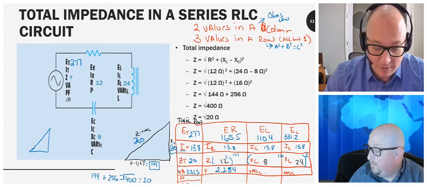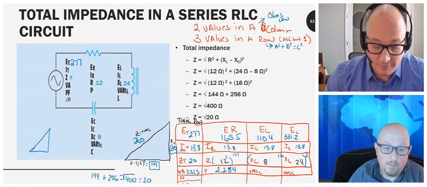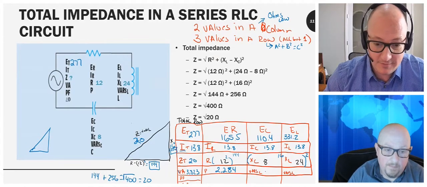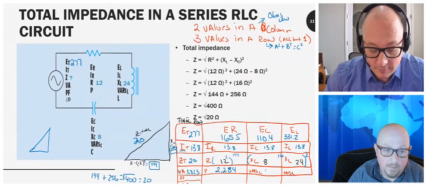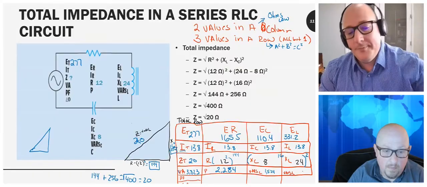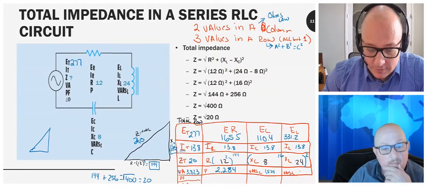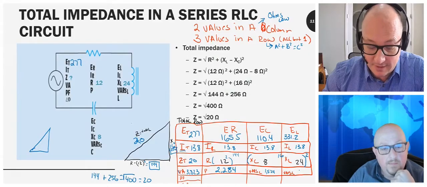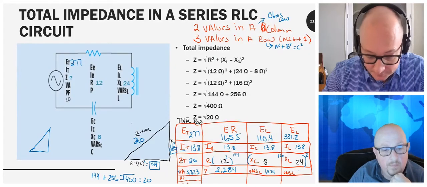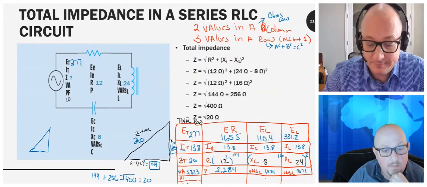And reactive power, as far as the capacitor, is 110.4 times 13.8, which is 1,524. And 331.2 times 13.8 is 4,571.